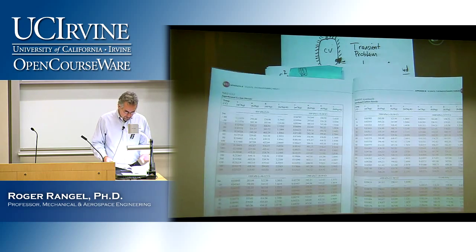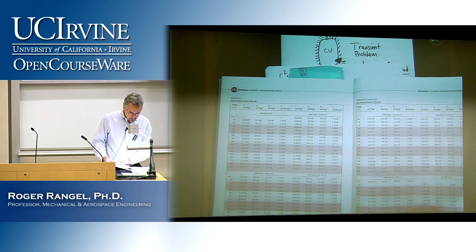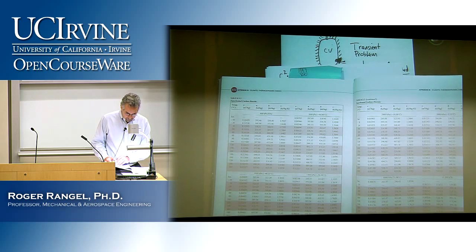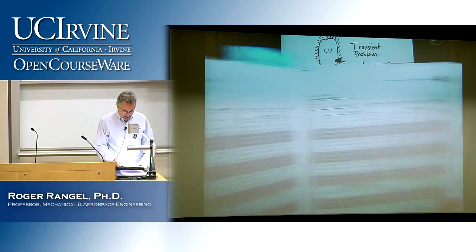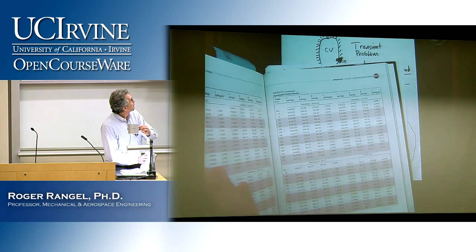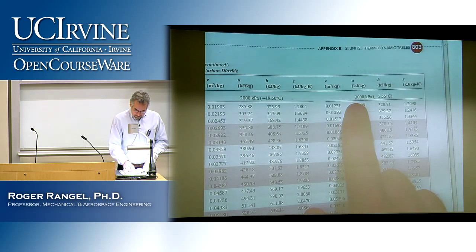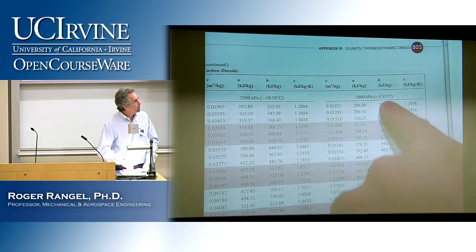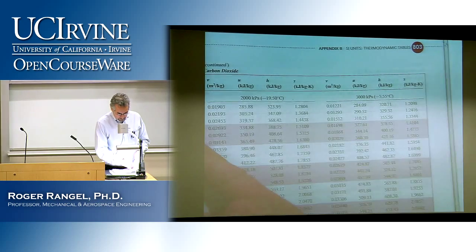So more than likely that's going to be superheated. Let's see, 3,000. Okay, so it's a superheated value. 3,000 kilopascals, saturation temperature minus 5 Celsius, but we are at 60, so it's superheated.